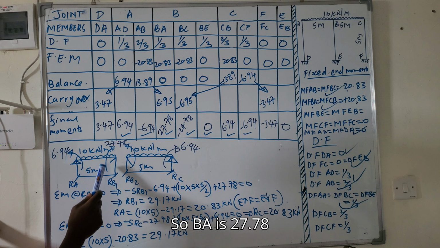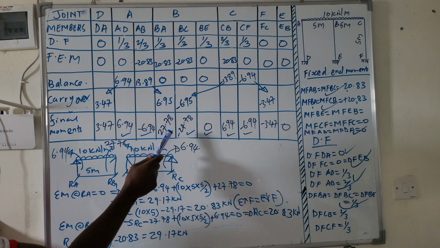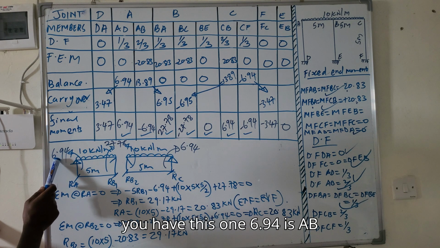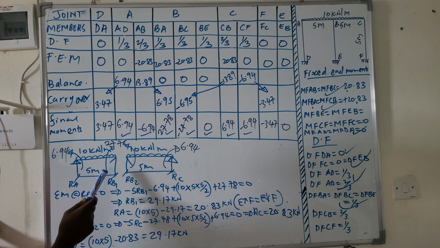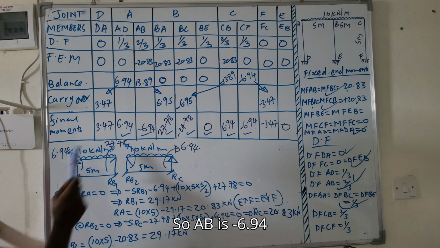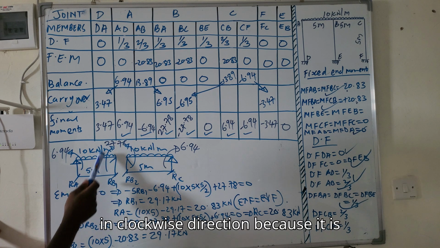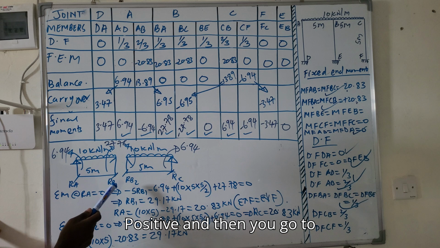So BA is 27.78. This one 27.78. And then you have this one 6.94 is AB. So AB is negative 6.94 in anti-clockwise direction. And this one in clockwise direction because it is positive.